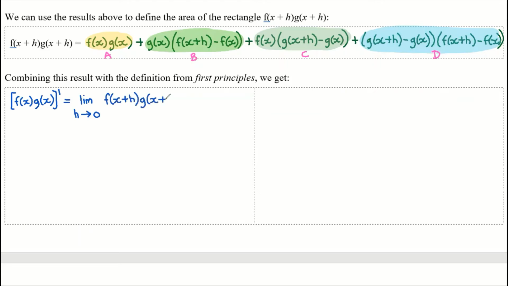Remember, this is not a special definition. It's literally using the definition from first principles of any function f. It just so happens that this is a product of two functions, and we're substituting in the x plus h and the x as usual. So subtract f of x and g of x. Okay, so that's the original function, all over h.